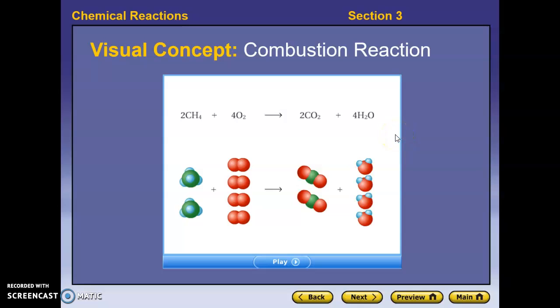And just like when you write chemical formulas for ionic compounds, if it can be reduced, it should be reduced. So in this case, instead of 2CH4, it should just be CH4 plus 2O2, making CO2 plus 2H2O. In other words, all of these coefficients are divisible by 2 and should be reduced.